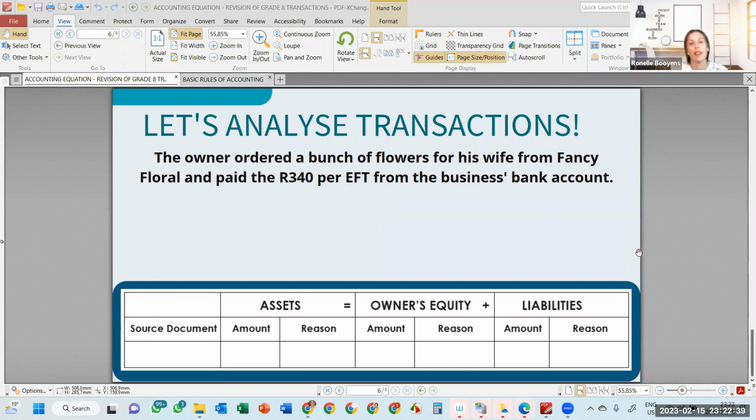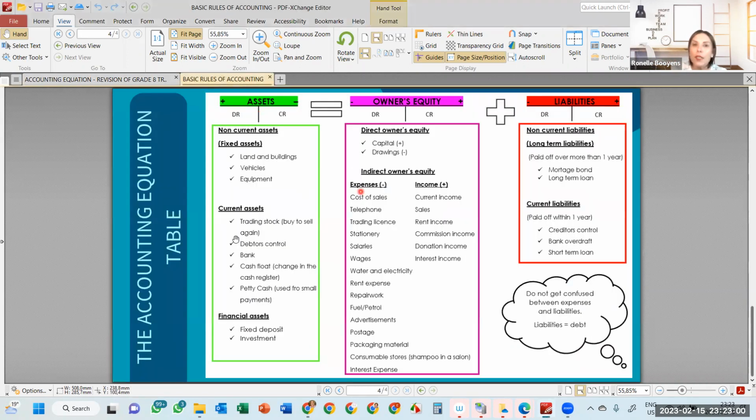I can literally throw any transaction at you as long as you follow the recipe and you follow those steps. Which 2 accounts are affected by this transaction? Pick them out from that transaction that you see. Secondly, these 2 accounts, is it an asset, owner's equity, or liability? And you will know it by knowing this poster of yours.